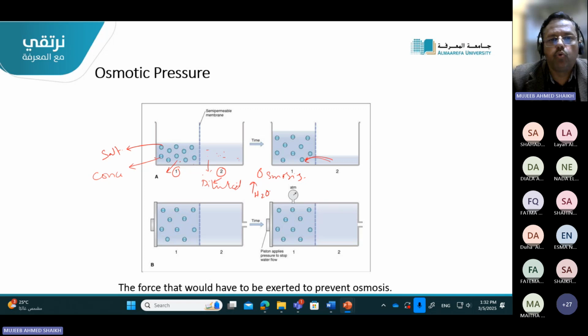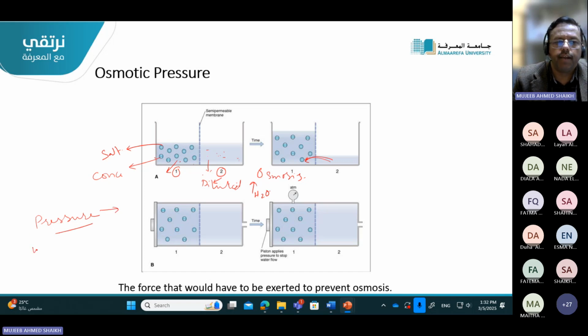Suppose you don't want osmosis to occur, you don't want the water to move to the other side, what will you do? You will apply some pressure, some force to stop it.